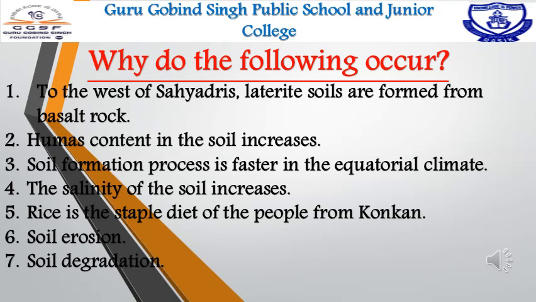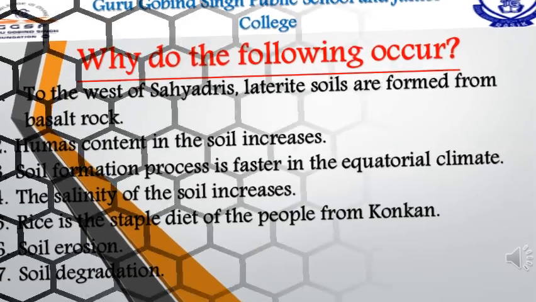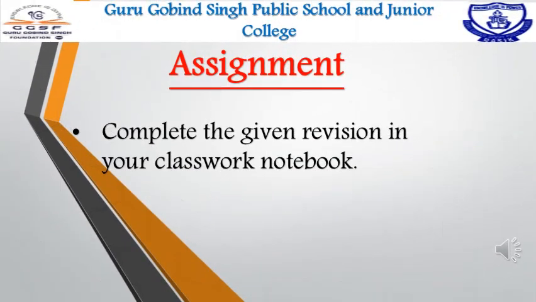Then what is soil erosion, children? How does it occur? Soil erosion occurs due to running water, climate and diversity in physiography. Then soil degradation also occurs due to the excessive use of chemical fertilizers.